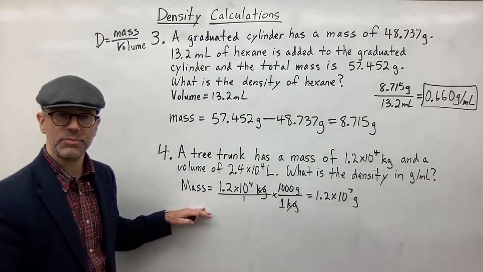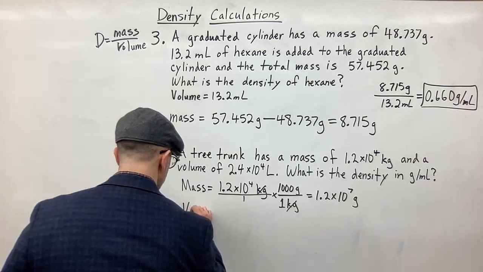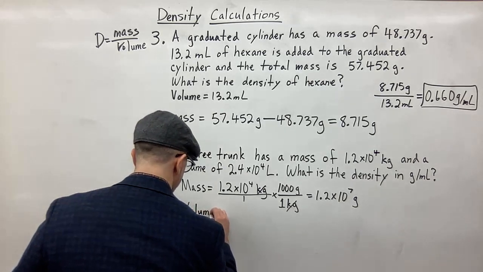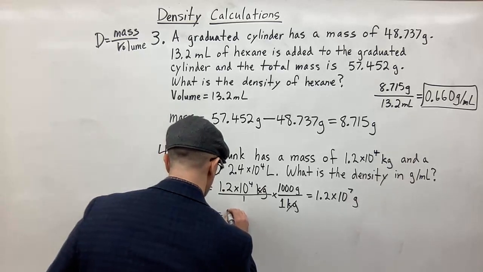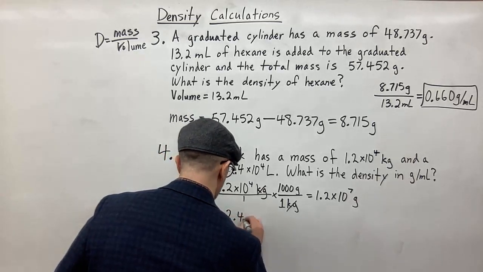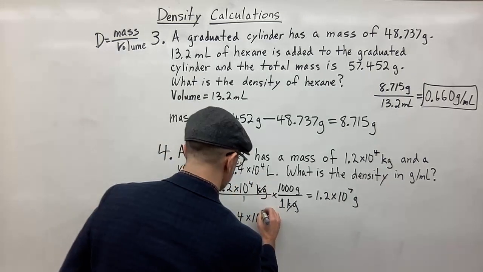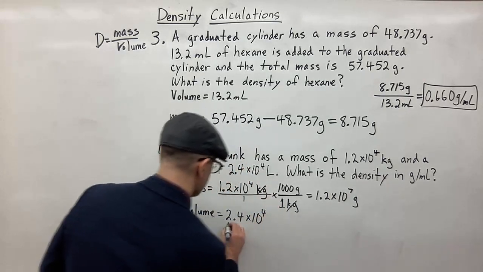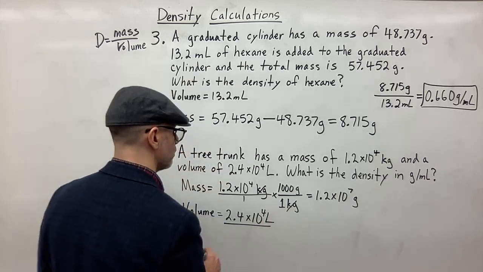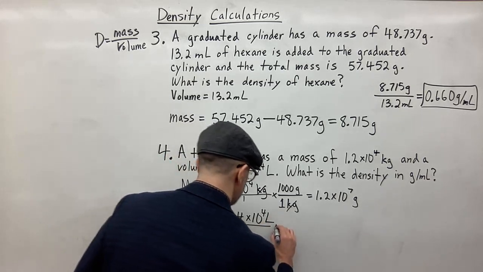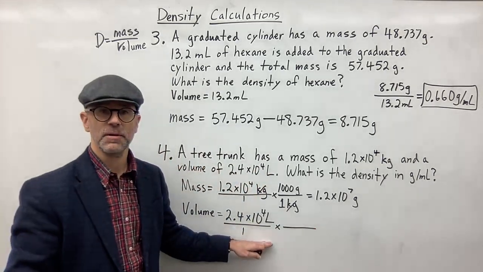And then I do the same thing with volume. So volume is equal to 2.4 times 10 to the 4th liters, over 1. And then I'm going to, again, convert this to milliliters.